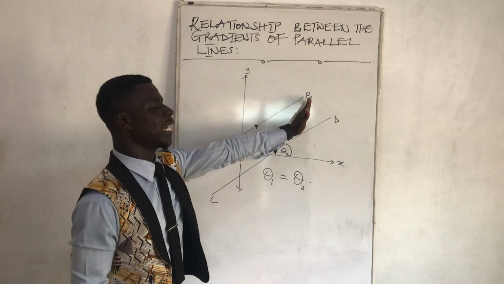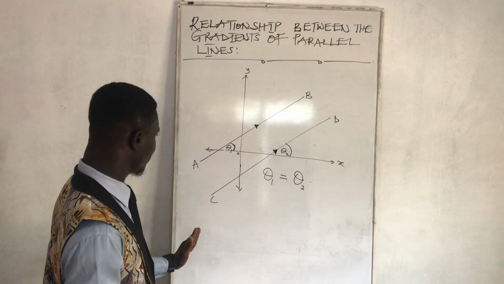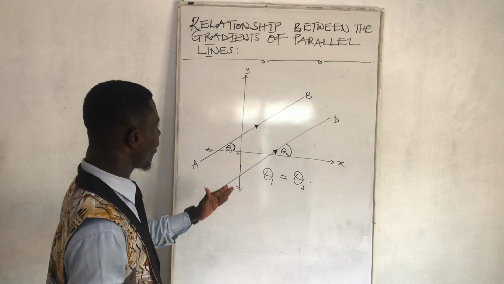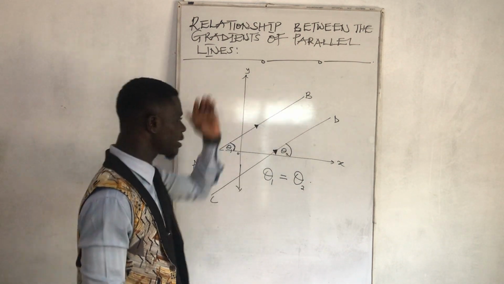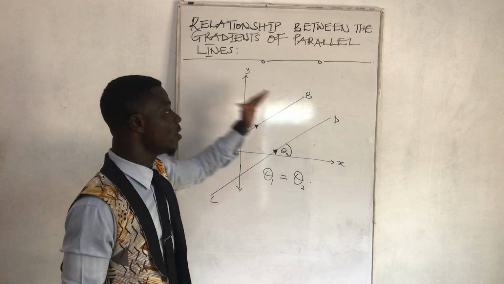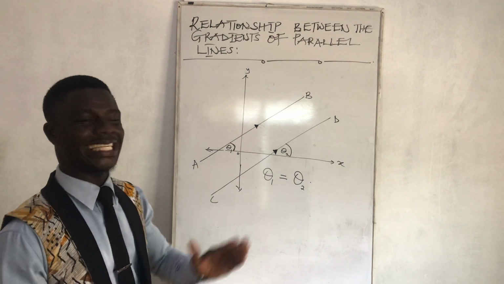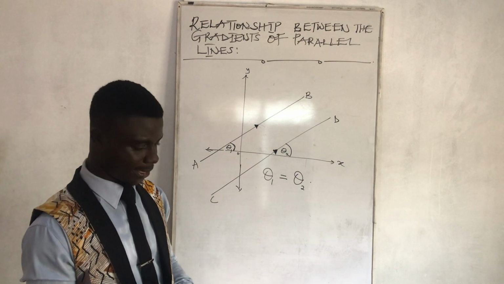So if line AB has a gradient of 3, then since this line is parallel to line CD, or since line CD is parallel to line AB, they have equal gradients, the same gradients.